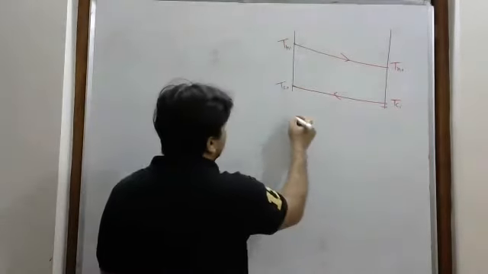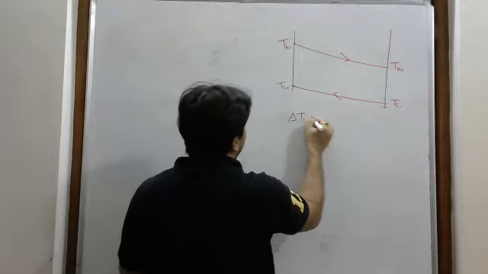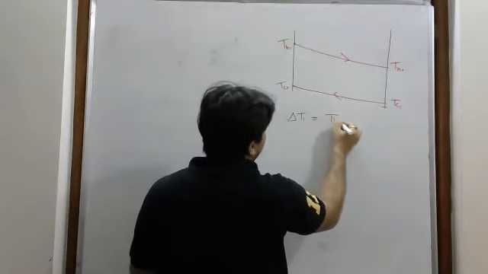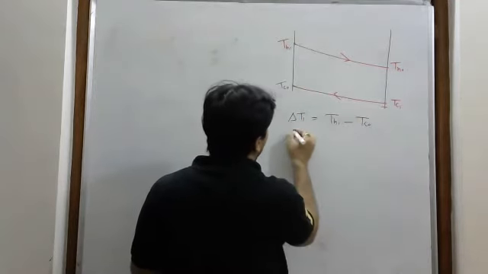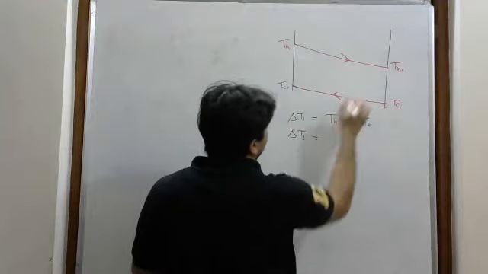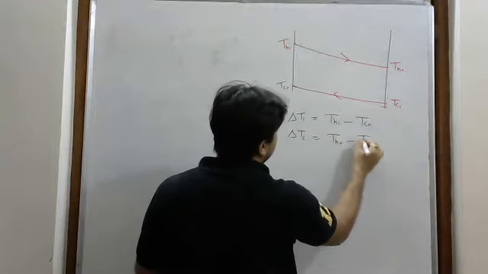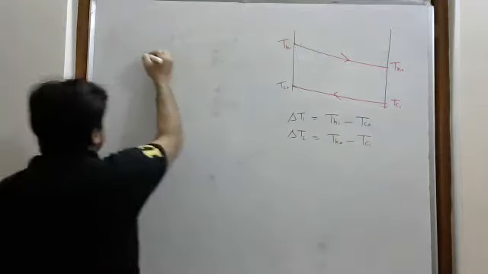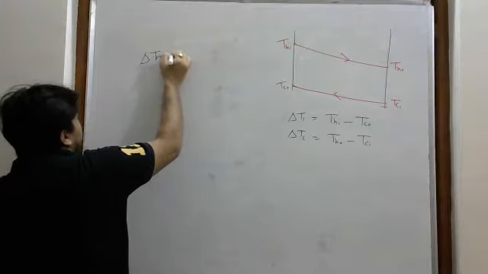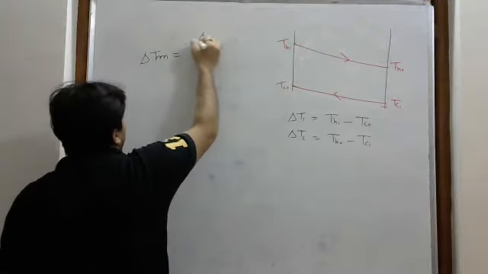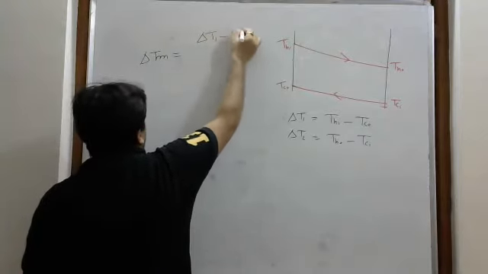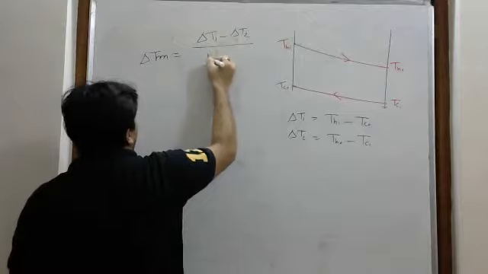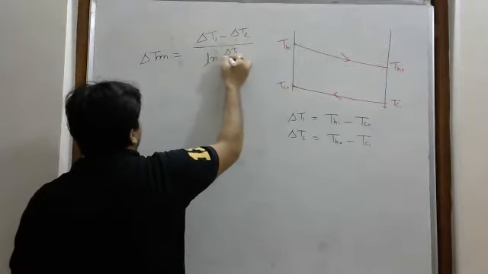Del T1 equals Thi minus Tco. Del T2 equals Tho minus Tci. So you will apply the same thing. Del Tm equals del T1 minus del T2 divided by ln of del T1 by del T2.